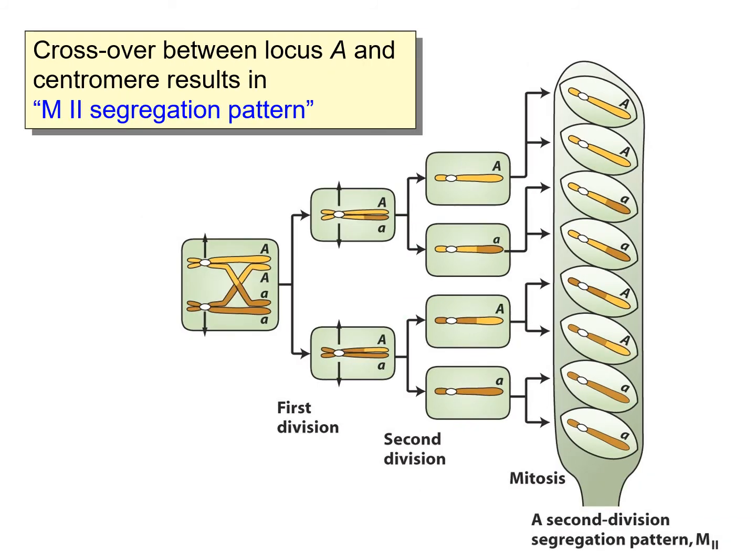Now, what is the M2 segregation pattern? If the crossover takes place at the tetrad level, in the sense that these are two sister chromatids of capital A mating type, and these two are sister chromatids of small a mating type.